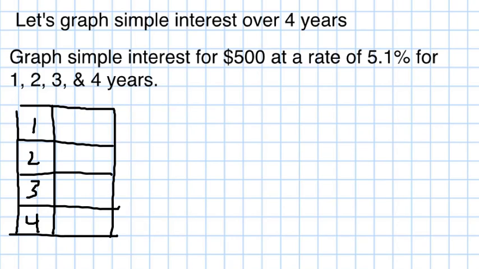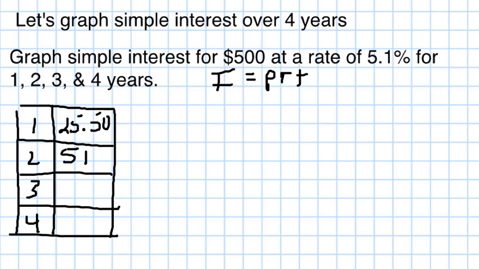Okay, so when I use the formula, I equals PRT, for the first year, the time is going to be 1 year. The rate's going to be 0.051, and my principal amount is $500. So when I calculate that, I'm going to get $25.50. Okay, so now I need to calculate this again, only this time for time I'm going to put 2 years in, and I'm going to get $51.